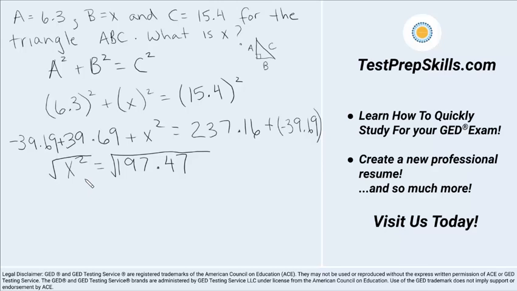Okay, so when we take the square root of this, we end up with x is equal to 14.05. Now, one thing I want to note here is we're looking for a value that can only be positive, right? We're just looking for the length of a line. This is not on a number line. This is not on a graph. We're just looking for the actual value of the length.